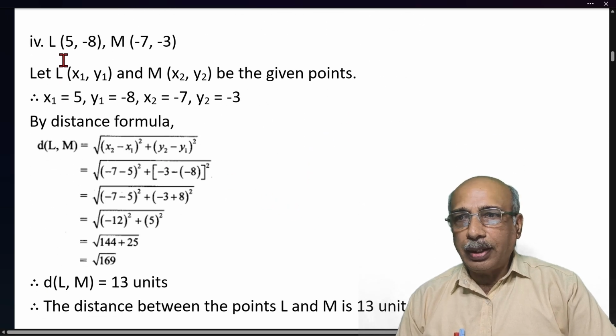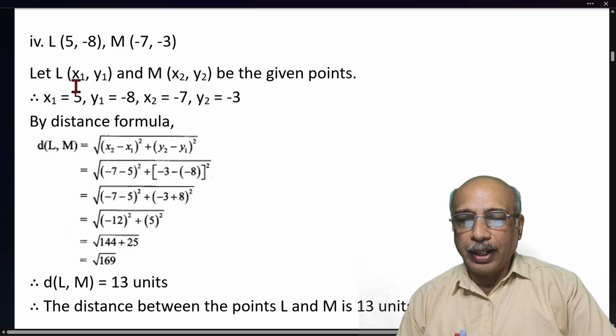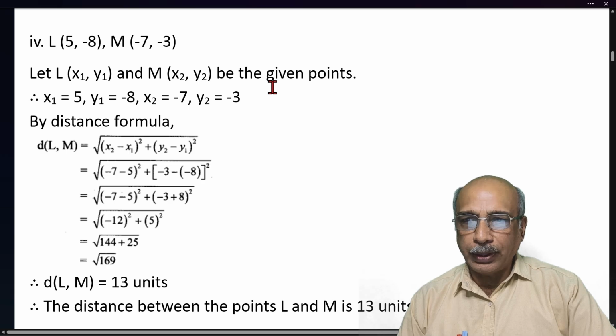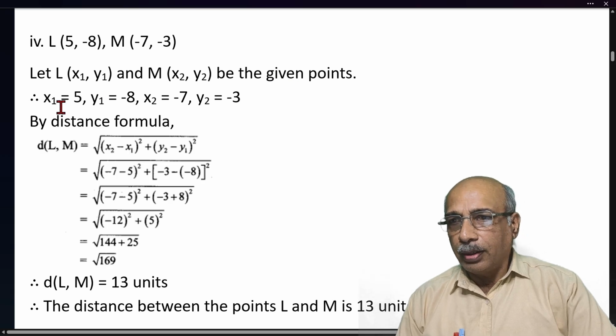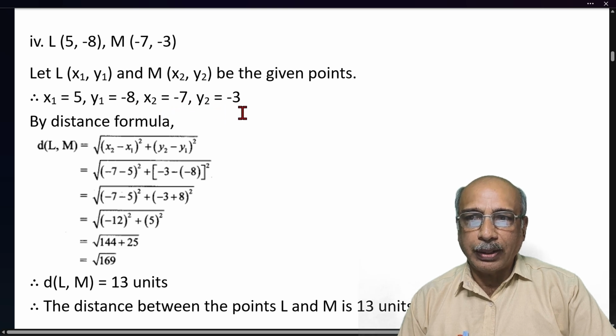Next problem, L. Coordinates are (5, minus 8), M is (minus 7, minus 3). So let L (x1, y1) and M (x2, y2) be the given points. Therefore, x1 equals 5, y1 equals minus 8, x2 equals minus 7, y2 equals minus 3.